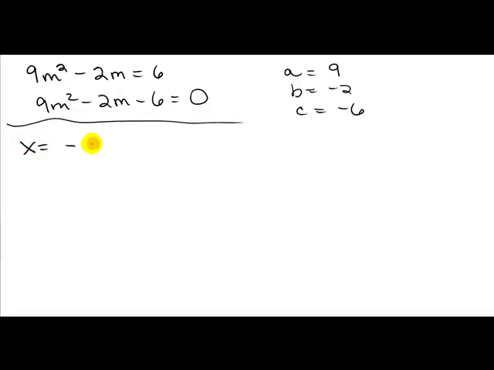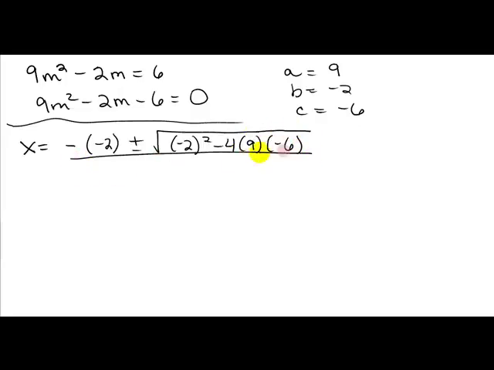X equals negative B, and B is negative 2, plus or minus the square root of B squared minus 4 times A times C. All of this is over 2 times A.